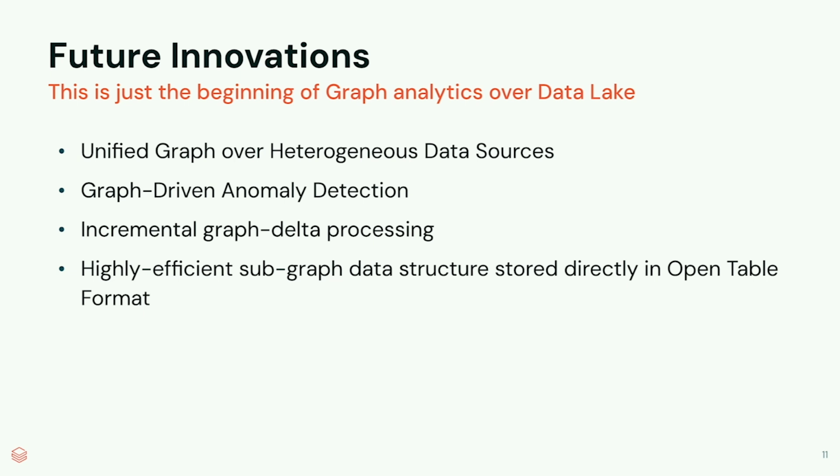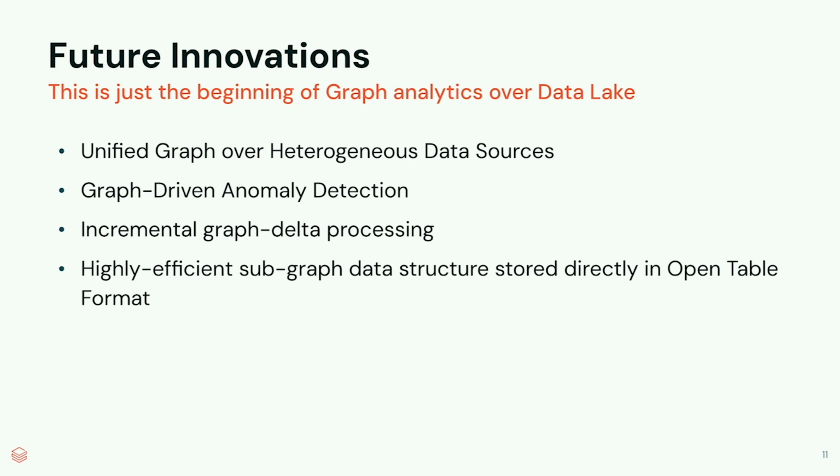The other part of the innovation we plan to do is the technical part. We want to spend more effort to improve our incremental graph data processing, which means instead of computing all the graph queries from scratch, we want to introduce ways of saving intermediate results and doing that in an incremental way, so that the next time we run graph queries, they will be on top of the existing results.